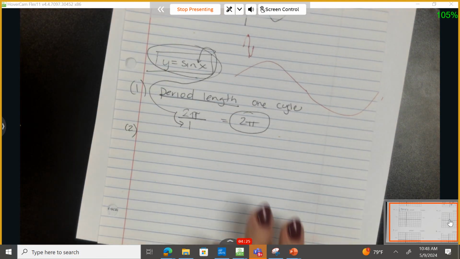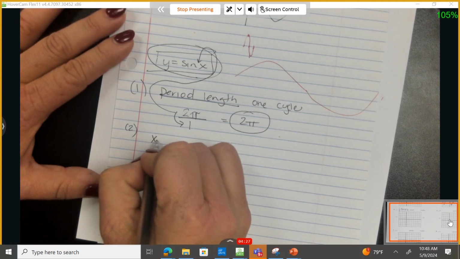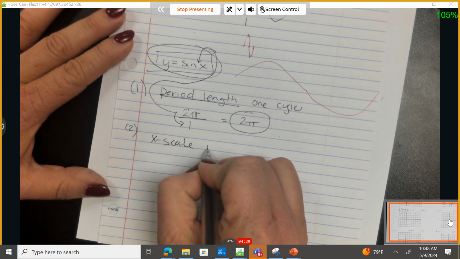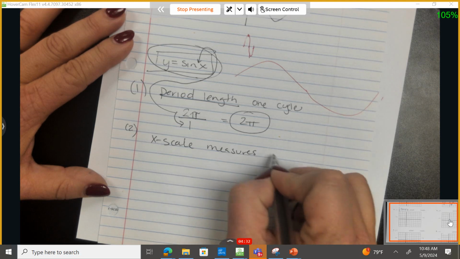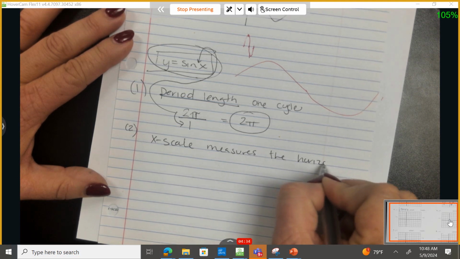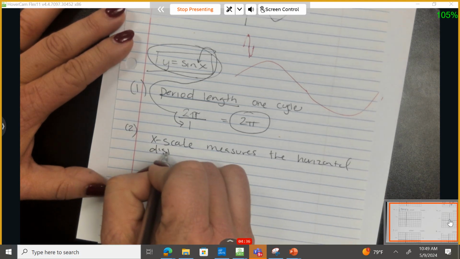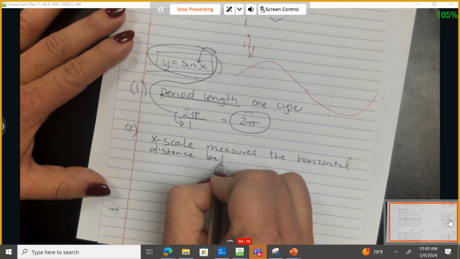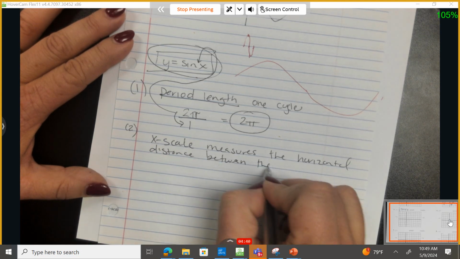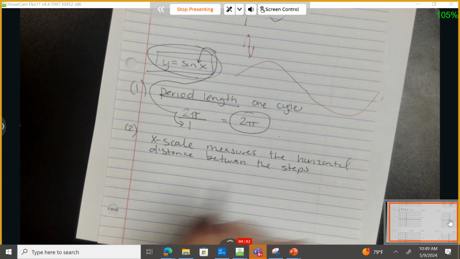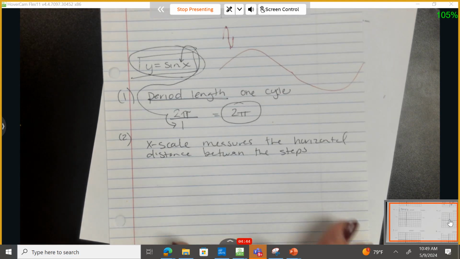If you're a person that's procedural, step 2 is called the x scale, and it measures the horizontal distance between the steps.